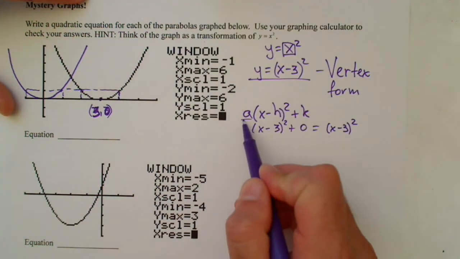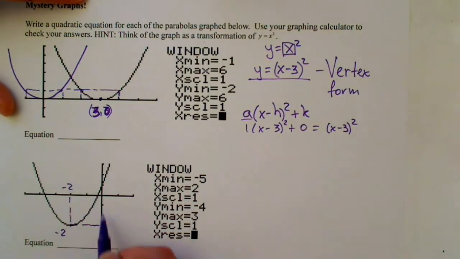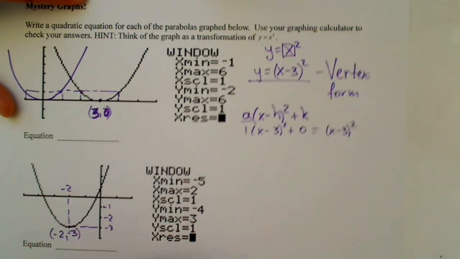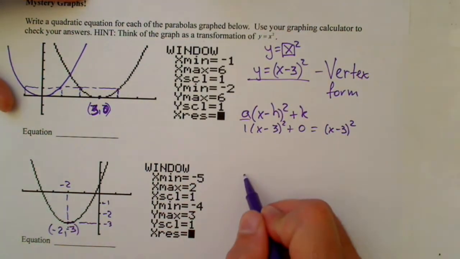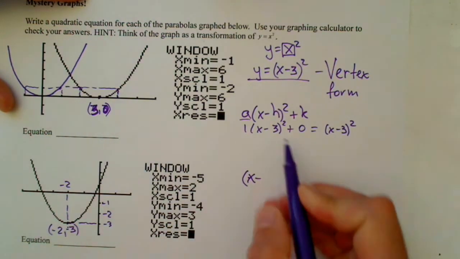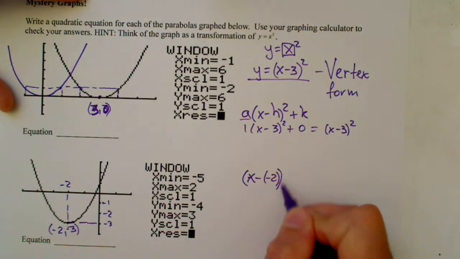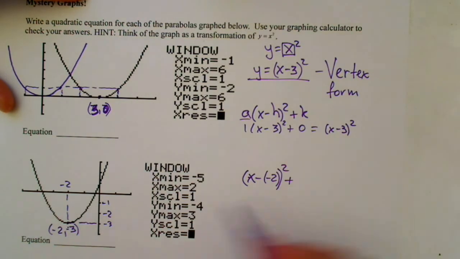Next one, this graph. Again, using the vertex form, just plug in. Find the vertex, which is -1, -2, -3, so our vertex is -2, -3. What does this mean? Plug in: x minus h is x minus (-2), and plus k is -3.